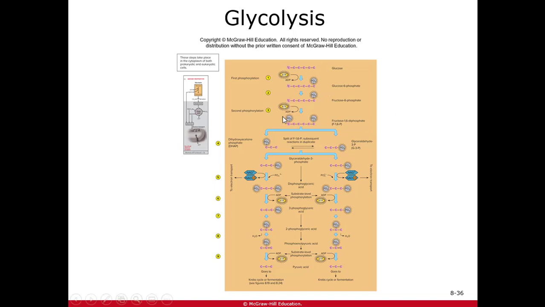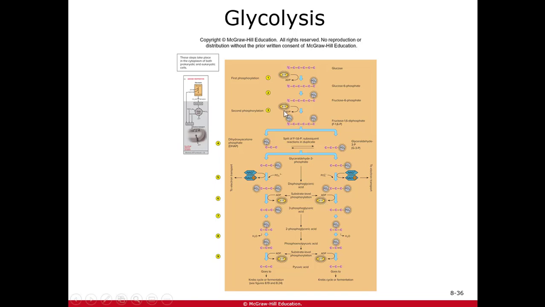But in the end, I'm going to get 2 3-carbon molecules called pyruvic acid. I'm also going to get some ATP out of here. I get 2 ATP here, and I get another 2 ATP here. So I've made 4 ATP through glycolysis. It cost me 2 ATP, but I made 4, so we say that you net 2 ATP. The other thing we get out of here is some NADHs as well. We get some electron carriers out of the process.